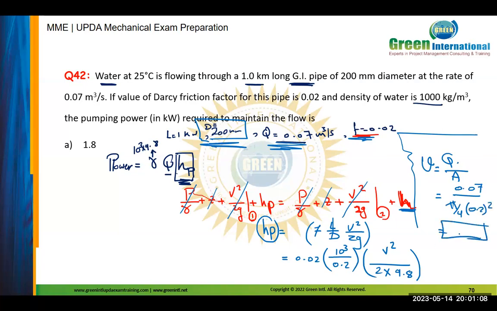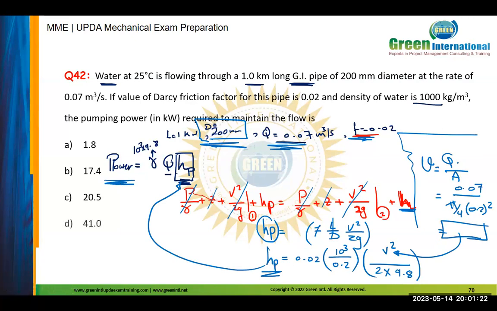From here you can calculate the velocity and substitute it. Once you get the pump head, substitute in this equation to get the power. Any question?